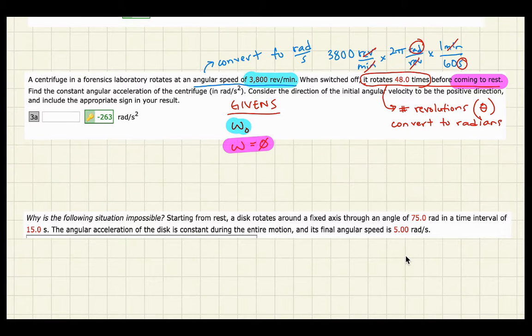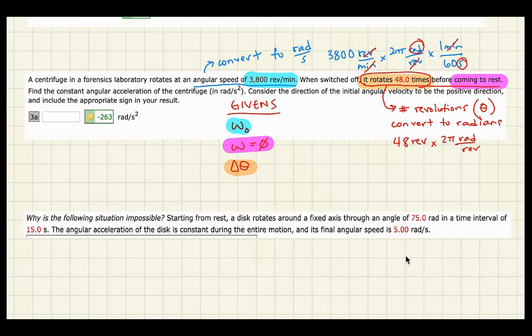That would be, in this case, 48 revolutions times 2 pi radians per revolution. That gives me the conversion, and this is also telling me what my delta theta is, my change in angle as I'm accelerating.